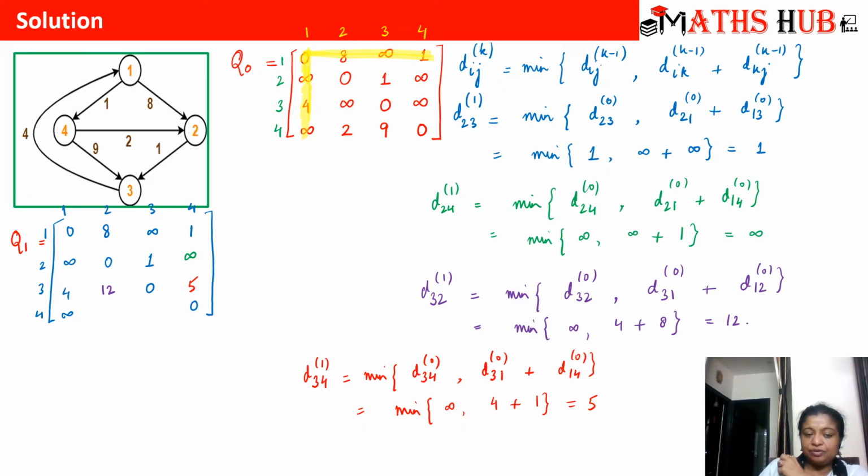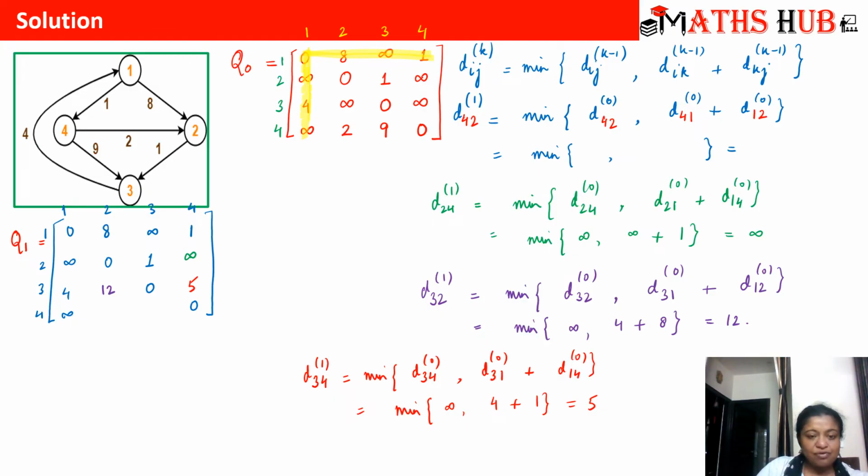And then we go to the next one, that is D42. So I'm just rubbing off this portion, and let us calculate what we get here. So now we are calculating D42. What is D42? It is the minimum of D42 in the previous matrix, comma, D41 in the previous matrix plus D12 in the previous matrix.